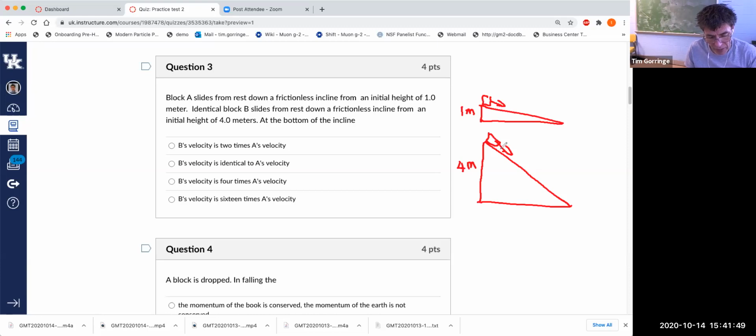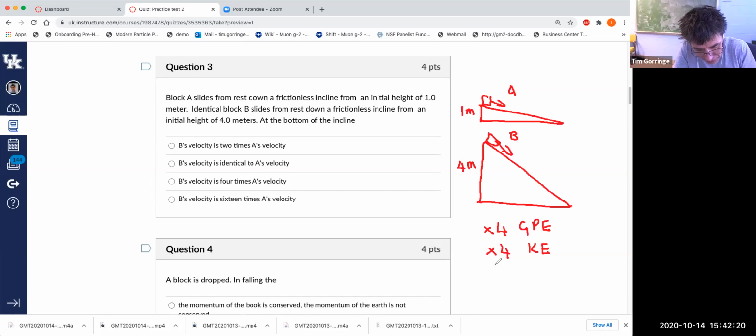So let's compare how much gravitational potential energy gets turned into kinetic energy. Well, the initial height of block B, here's B, here's A, is 4 times higher. So B starts with 4 times the gravitational potential energy. At the bottom of the incline, then, B has 4 times the kinetic energy.